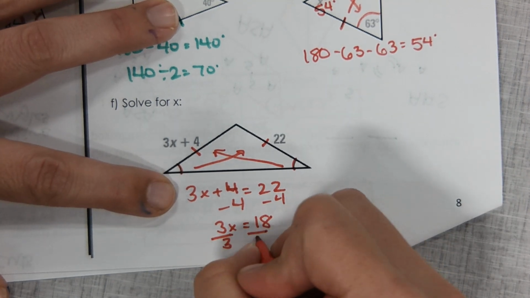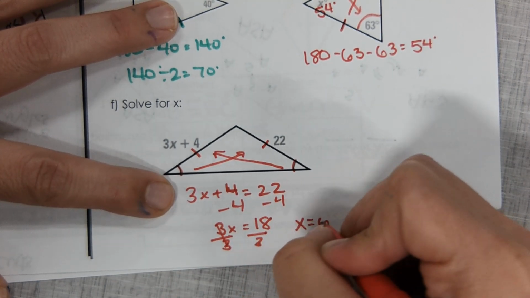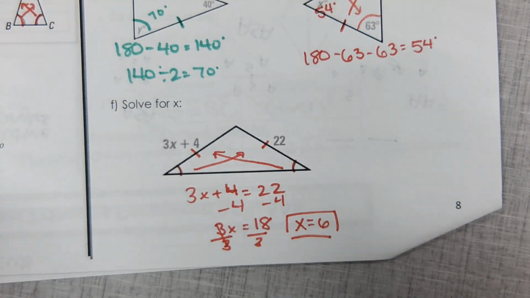Divide by 3, x equals 6. Okay, and then flip the page.